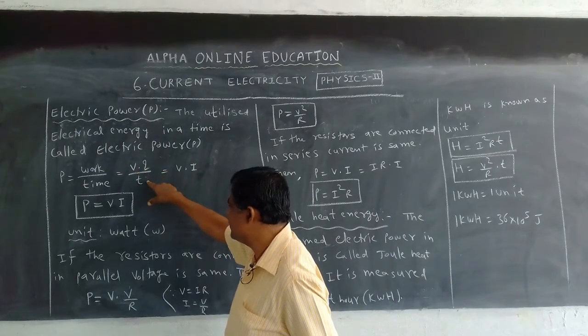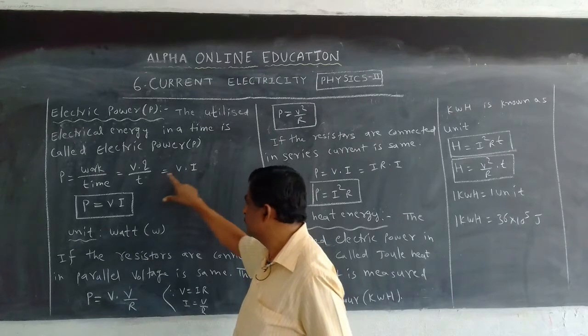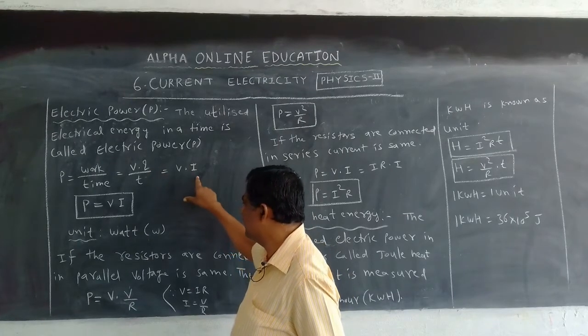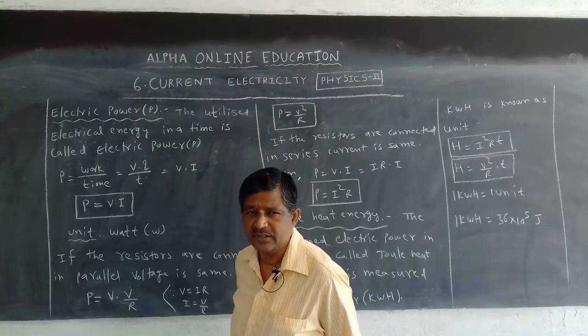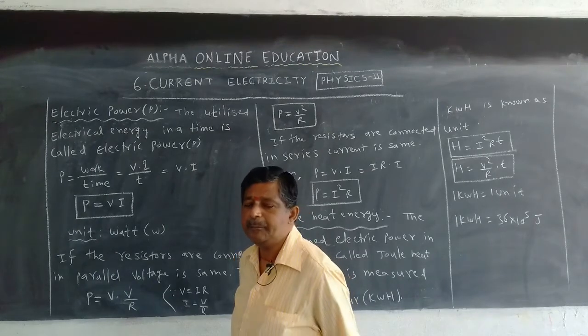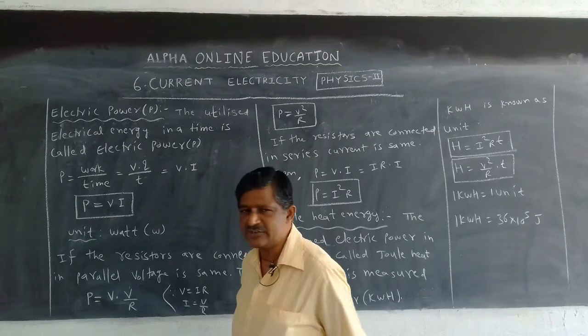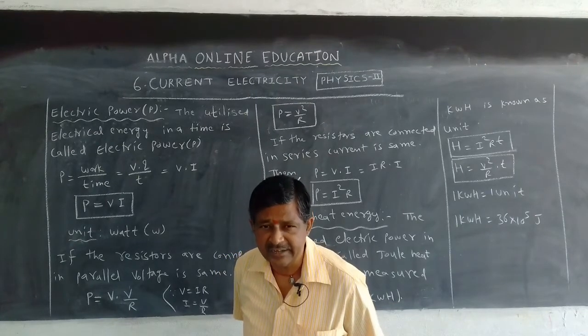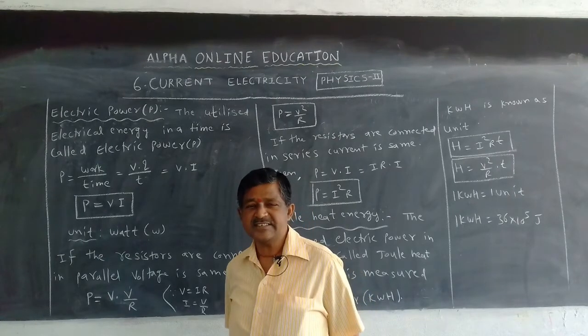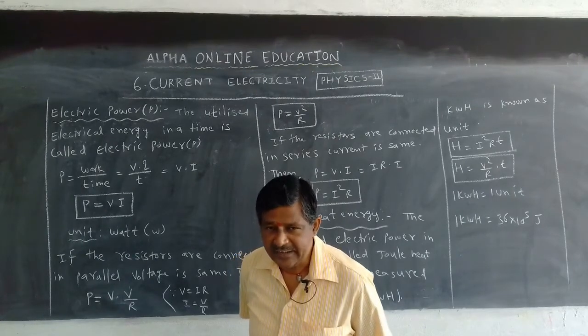Charge by time is called current. That is why, what is the mathematical expression for the electrical power? P is equal to V into I. V is electric potential. I is electric current.